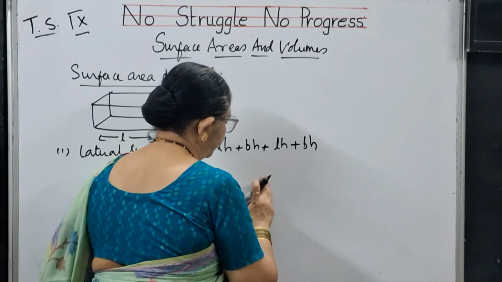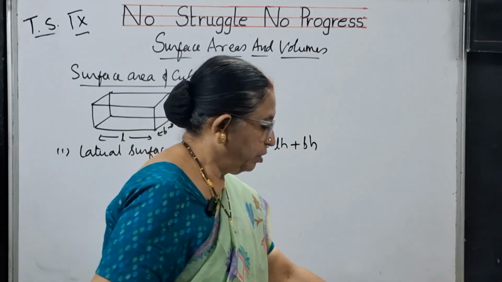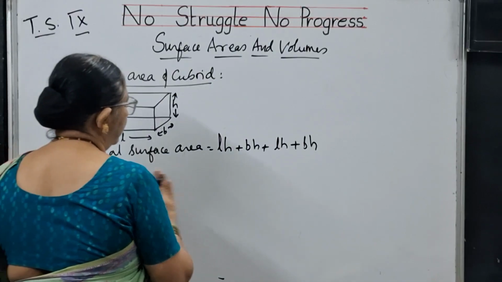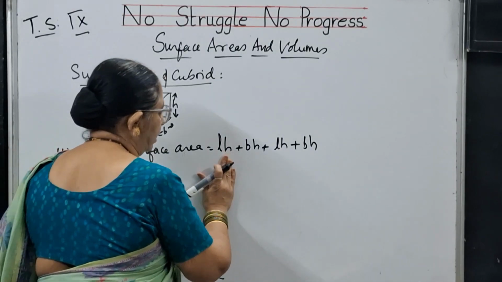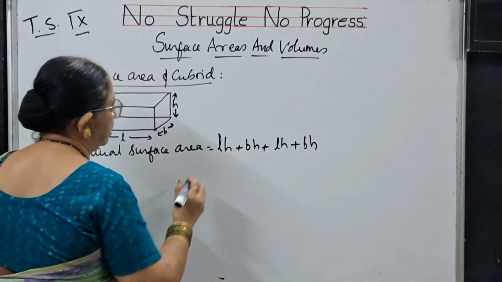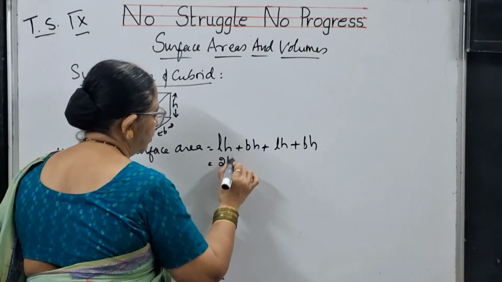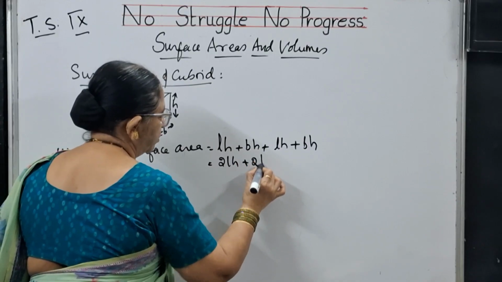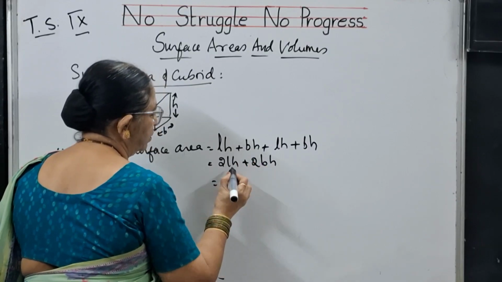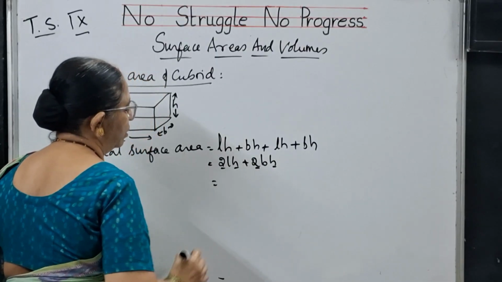So let us frame a formula for this, children. We have understood that lateral surface area means LH plus BH plus LH plus BH. What are you getting? You are getting 2 times LH and 2 times BH. So in these two, what is common? 2 is common, H is common.